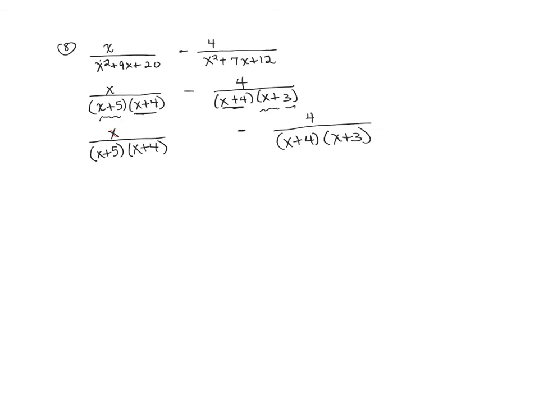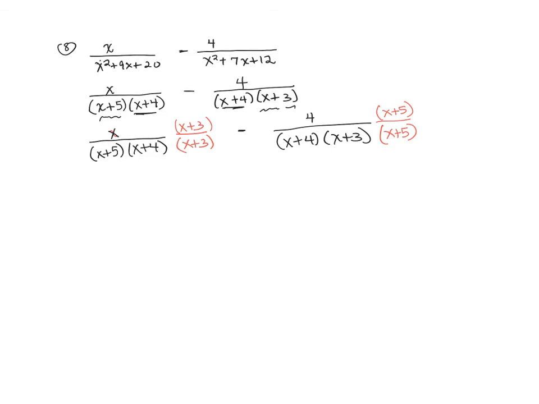Notice that this one is missing the x plus 3, so I'm going to multiply the top and bottom by x plus 3 over x plus 3. And this one is missing the x plus 5, so I'll multiply the top and bottom by x plus 5 over x plus 5.